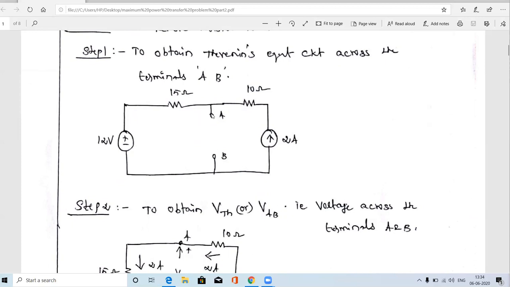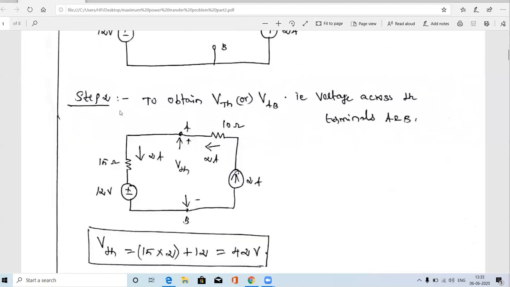The next step: across these terminals A and B we have to obtain the Thevenin's equivalent model for the entire circuit. By using Thevenin's theorem we obtain the Thevenin's equivalent model for the given circuit across the terminals A and B. In order to draw the Thevenin's equivalent circuit, we have to find two things.